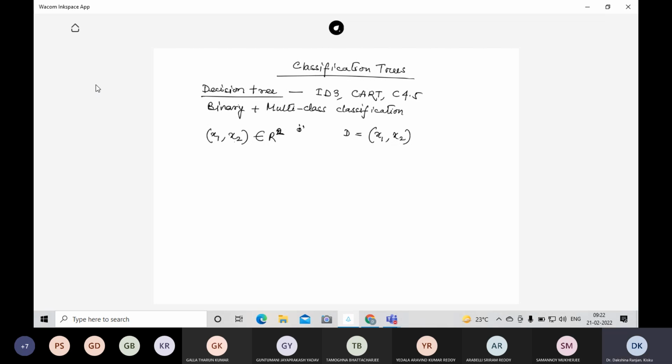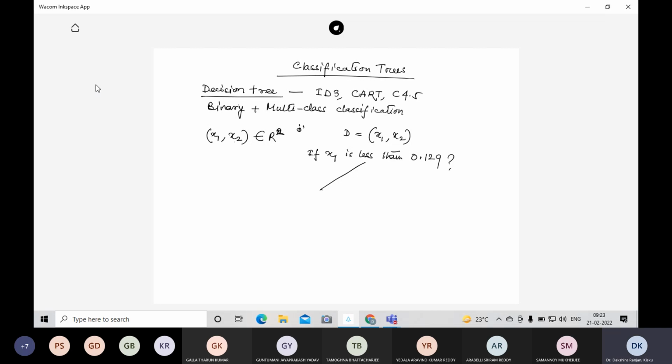Now let us take an example of a classification tree, and from that we will try to understand how a classification tree works for classification. Okay, so let us consider a simple example. If x1 is less than, suppose some value we are taking, 0.129, then further whether it is true or not.